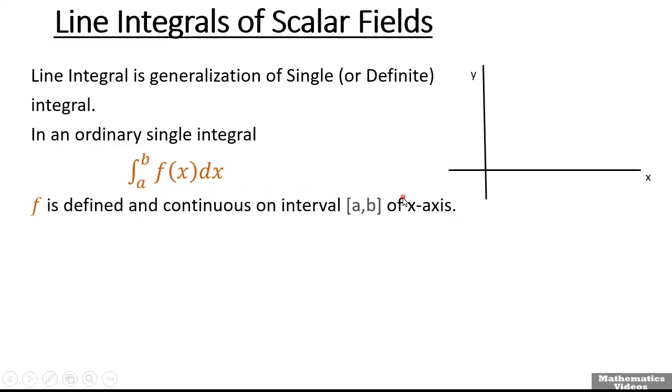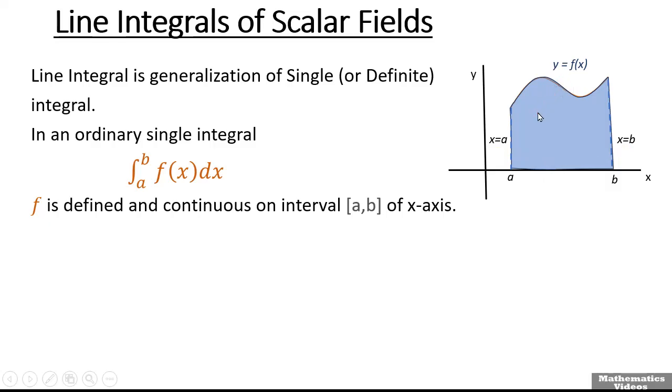Okay, now we will recall the geometrical interpretation of the definite integral, this one. For this, consider the graph of the function y equal to f of x from a to b. This vertical line is the line x equal to a, and this one is the line x equal to b, and this is a region which is bounded by these two lines x equal to a, x equal to b, and the x-axis, and the graph of the function y equal to f of x.